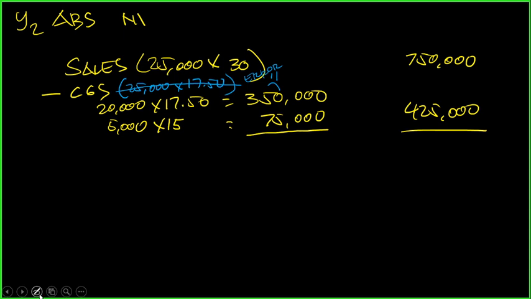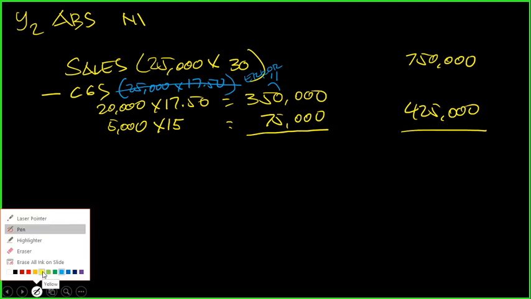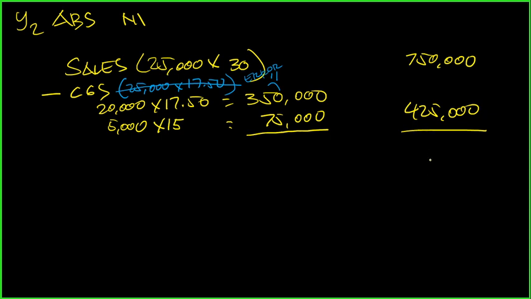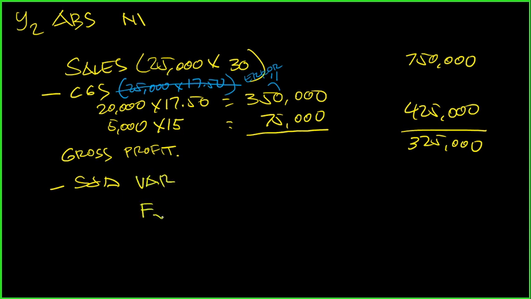Okay, so let's continue. Anong kulay na ba ako? Ang ganda naman pala ng blue. Sana blue na lang. Okay, 750 minus 425. That will be 325. This is now your gross profit or gross margin. Okay, and then less our expenses. Malapit na. Selling and administrative expense. You have here your variable, and then you have here your fixed. Okay, your variable is 3 times 25,000.